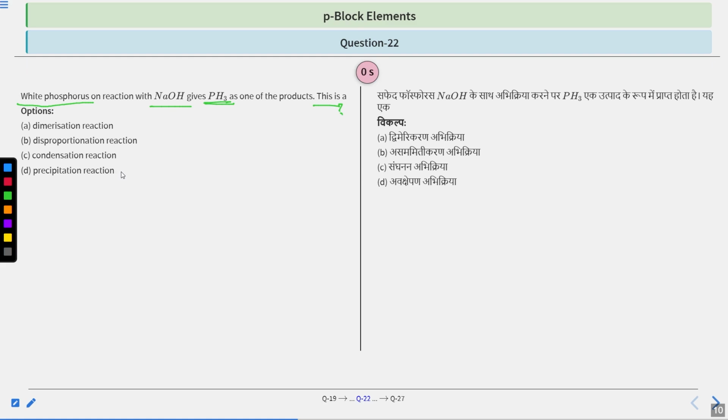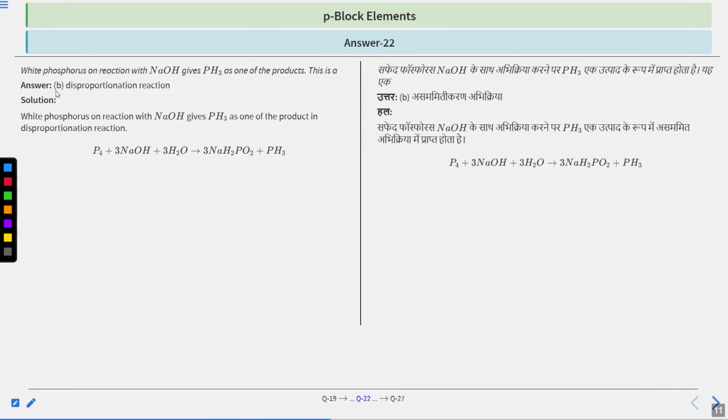Okay, let's see. The correct answer is option B, that is disproportionation reaction. So white phosphorus on reaction with NaOH gives PH3 as one of the product in disproportionation reaction. This is the following reaction. We have white phosphorus P4 plus 3 molecules of base, that is NaOH, plus 3 molecules of water.